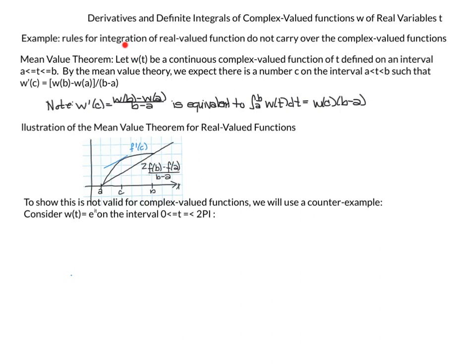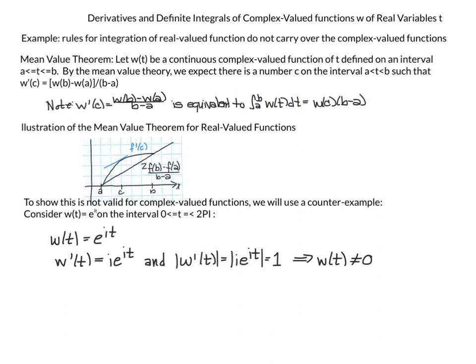Now, to show the mean value theorem does not hold for complex valued functions, we're going to use a counterexample. We consider w(t) equal to e to the it on the interval t between 0 and 2 pi, and we'll show that the mean value theorem does not hold.